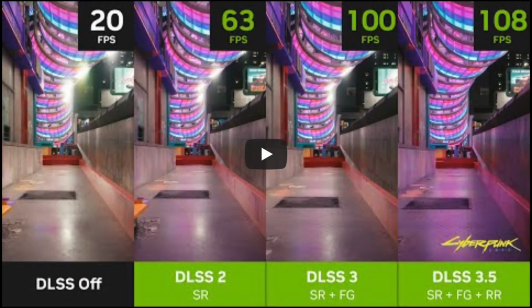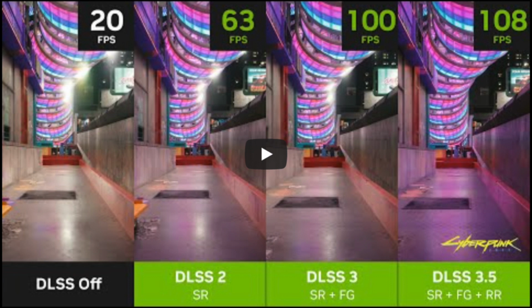You see DLSS off on the left with 20 FPS, then you see DLSS 2 with 63 FPS, and then you see frame generation, which is DLSS 3, with 100 FPS, and now you see DLSS 3.5 with 108 FPS. Now, the frame generation is only tied to 40 series GPUs. So if you have a 30 series GPU or a 20 series GPU, you're only gonna get up to DLSS 2.